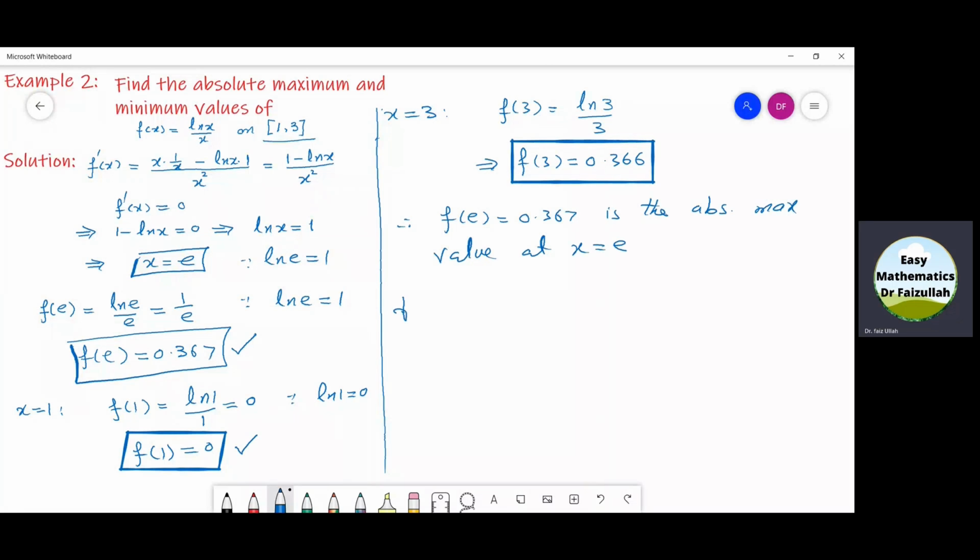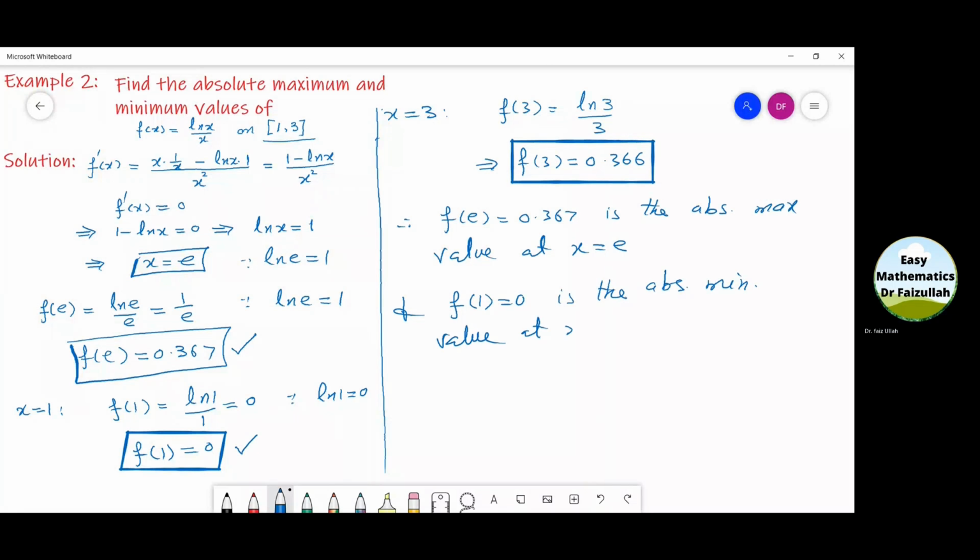And similarly, we can write f of 1, which is equal to 0, is the absolute minimum value of the function f of x at x is equal to 1.